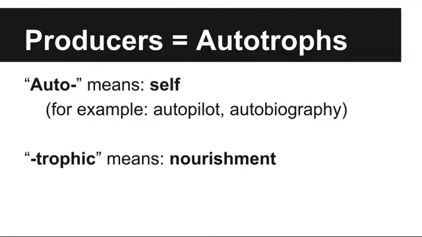An autobiography is a book about oneself. In robotics, autonomous mode means it happens by itself. So auto means self, trophic means nourishment or food. Autotrophic means self-feeding, that they can literally make food for themselves.